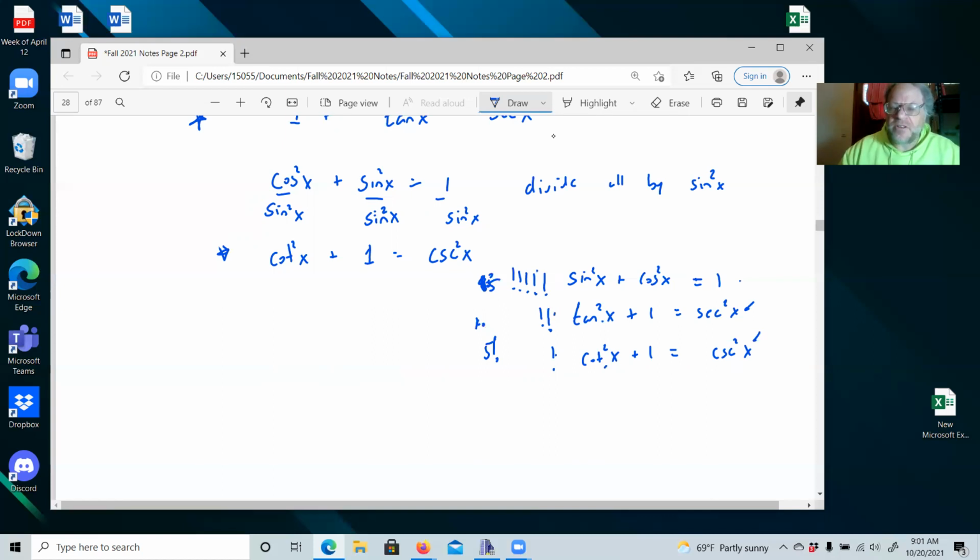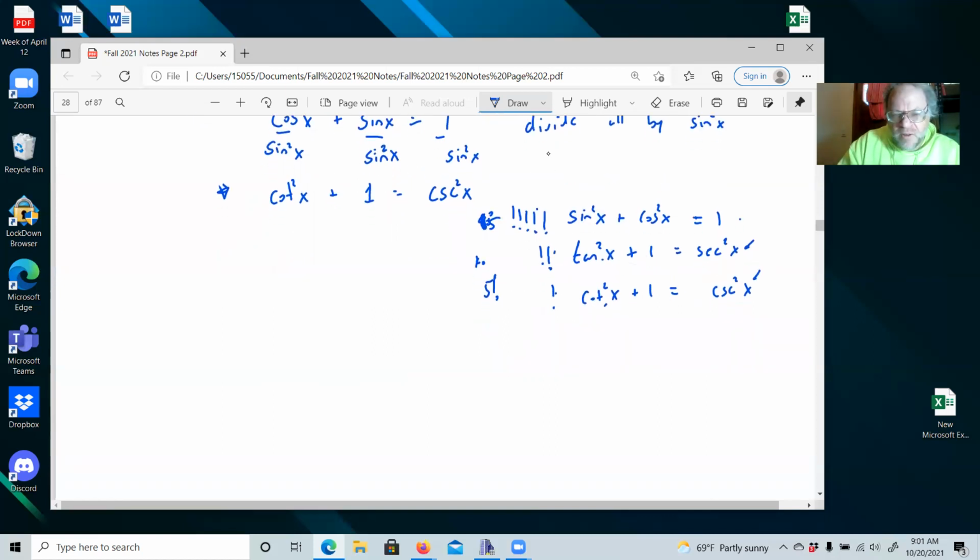And then we also have some things that you kind of already know, that sine x is equal to 1 over cosecant x, or cosecant x is equal to 1 over sine x. These are called reciprocal identities, and there's all of these as well. There's 3 pairs.